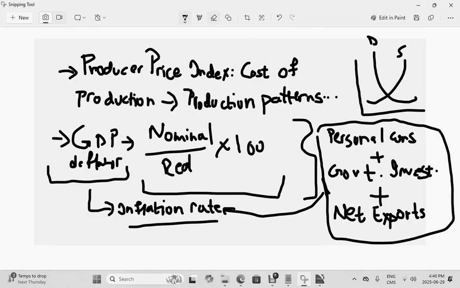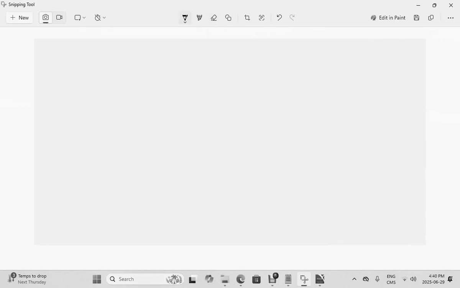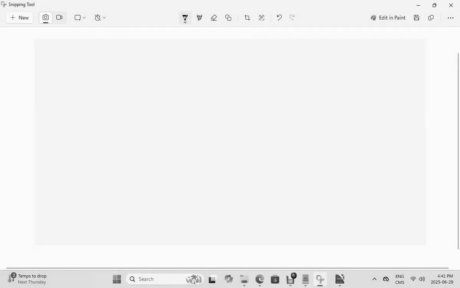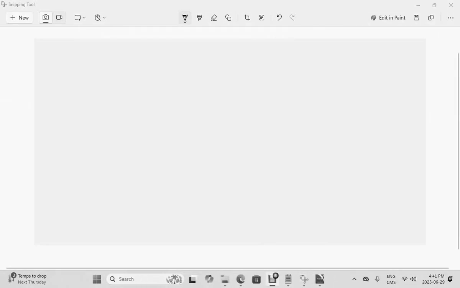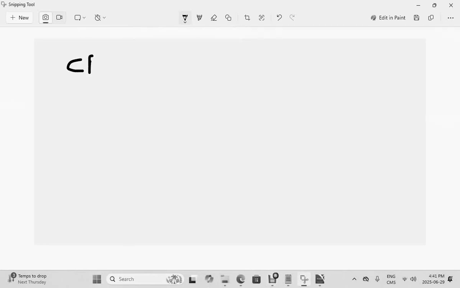Now, apart from that, you can also figure out the true cost of living. Your true cost of living has to do with your CPI, Consumer Price Index, and we talked about the index number as well as the price level method.